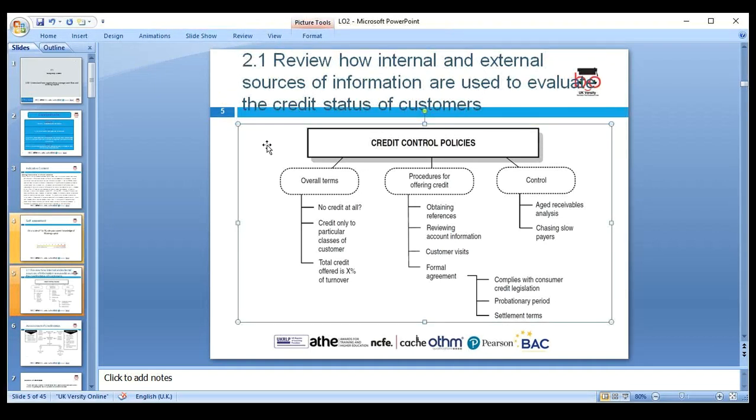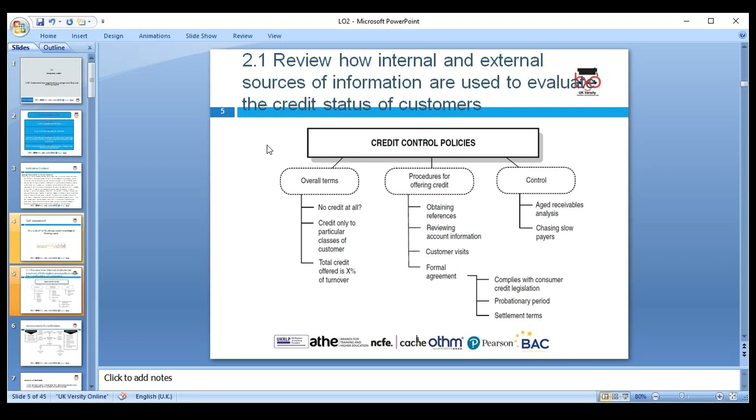2.1 is about reviewing internal and external information used to evaluate the credit status of a customer. When we evaluate credit status, what do we need to do before authorizing credit to our customer? Credit control is very important. We need to look at the procedure of offering credit, obtain references, and review the client's account information.